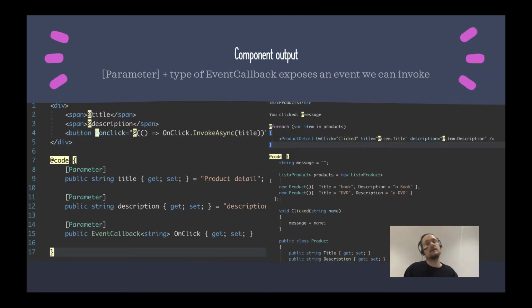Now, the other side of the coin is component output, because it goes in the other direction. If data was flowing from top to bottom, output or events flows from bottom to top. And the reason is that you usually have a few smart components that sit on the data, that sit on the logic, but the majority of your components are dumb or presentational components, which is just very good at showing your data, but not much more.